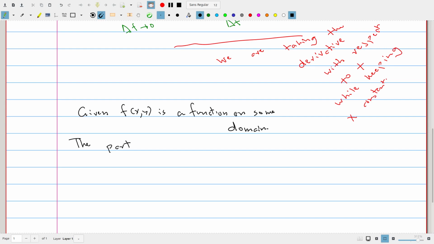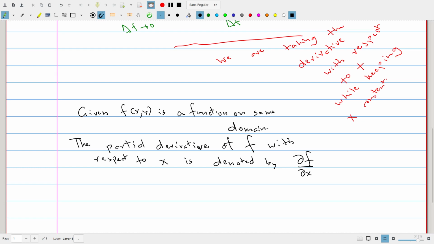The partial derivative of f with respect to x is denoted by partial f over partial x.